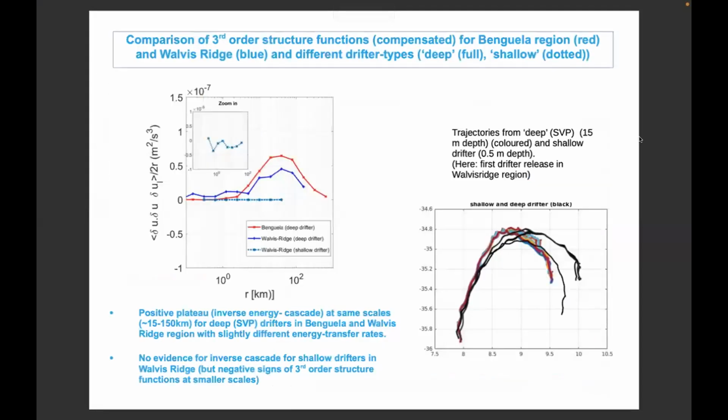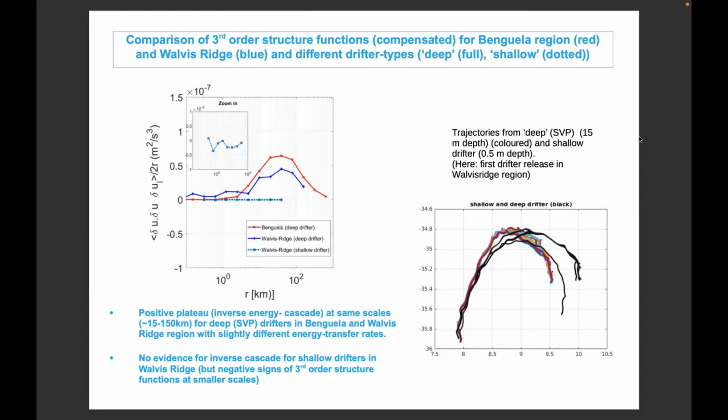Finally, we did the analysis of the third order structure function. The red one is the one we knew from Benguela, and the blue one is from Walvis Ridge. We have two different kinds of drifters. Although it's not as nice as the Benguela, there is a positive signal at the same scales as in Benguela, but with a slightly different energy transfer rate. It was also a different season, but I do not know why it's different.